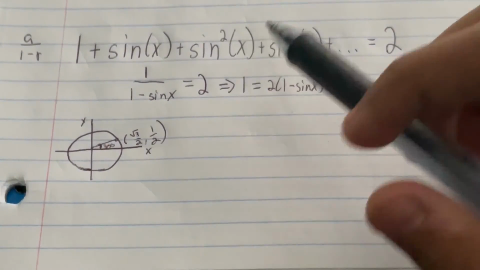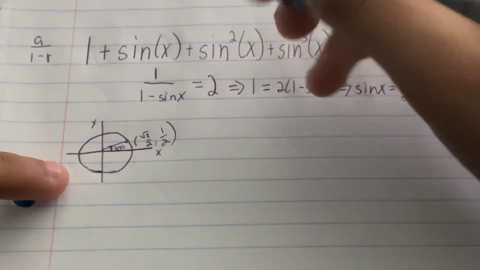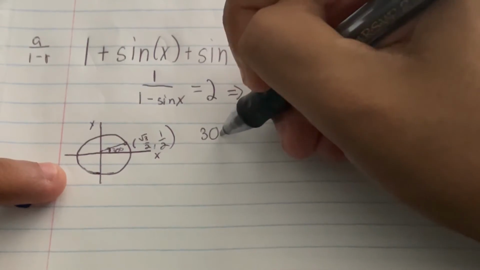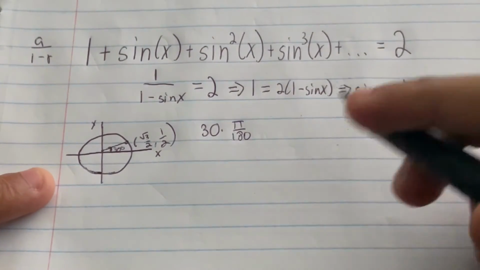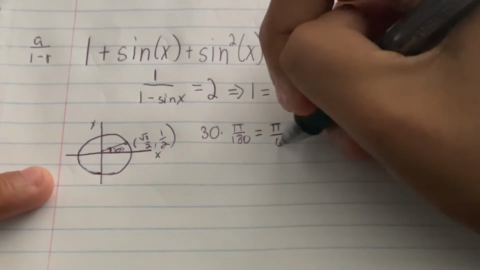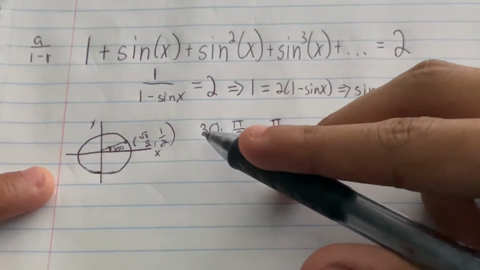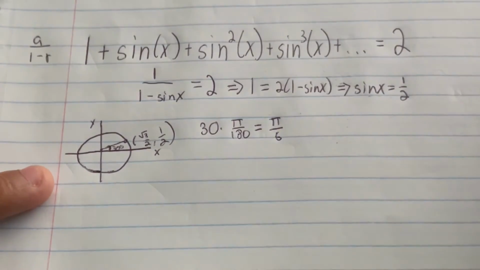And let's convert this into radians. To convert 30 degrees into radians, you take 30 and multiply by pi over 180. If you do some simplification, you get pi over 6. Pi over 6 and 30 degrees are the same when you compare radians and degrees.